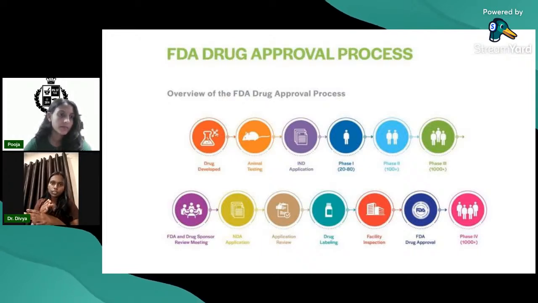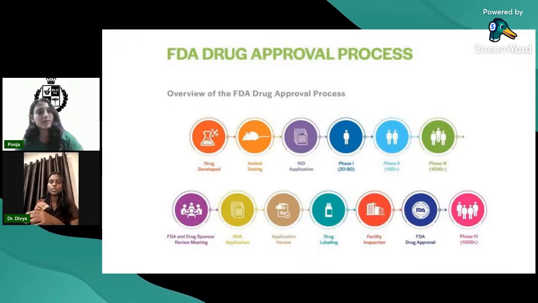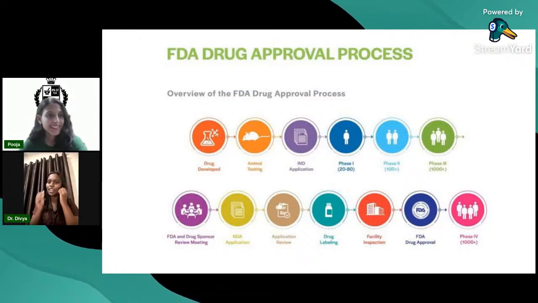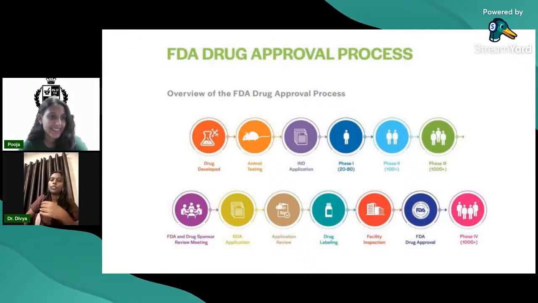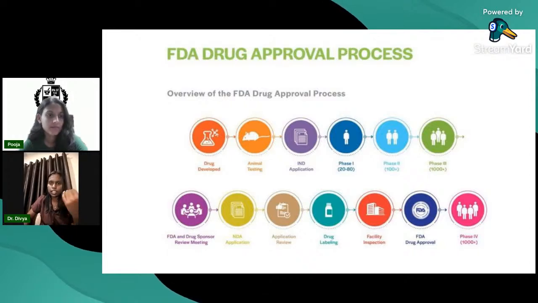Without the registration, it is unethical. And if you want to know about whatever trials are happening around you, you can just go to the CTRI website and check what type of trials are happening around you, and you will be amazed to see the numbers.